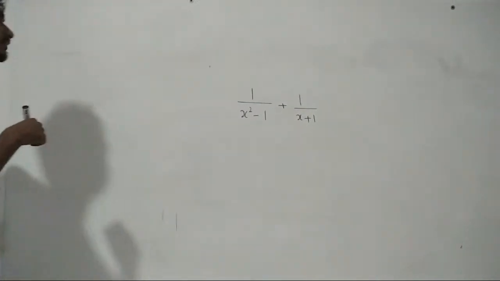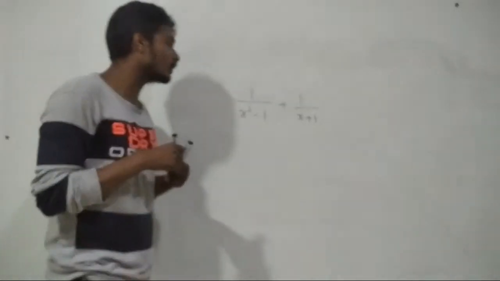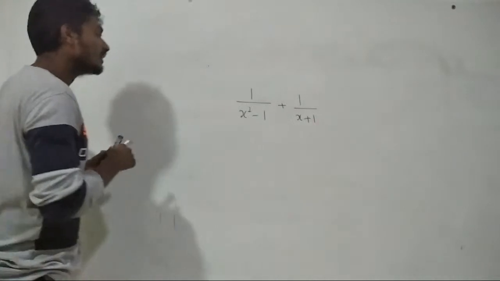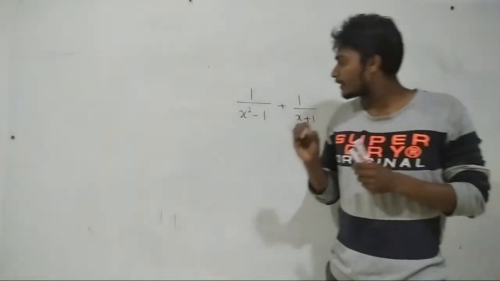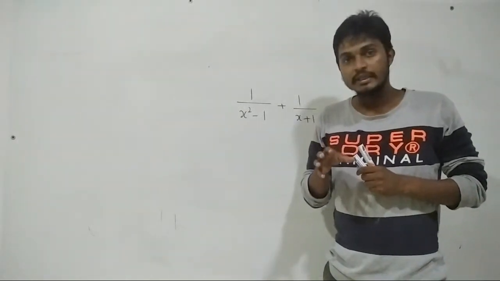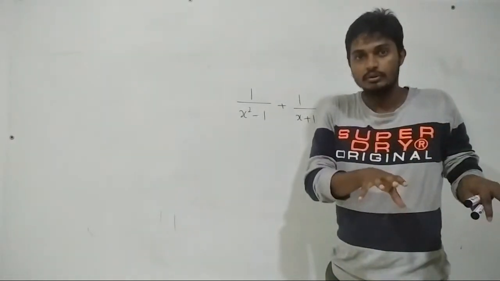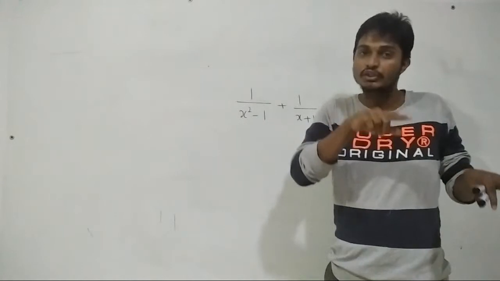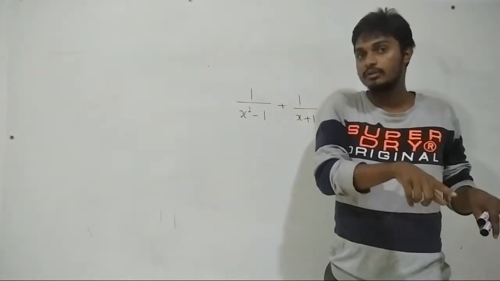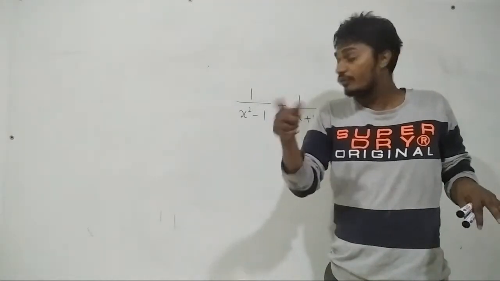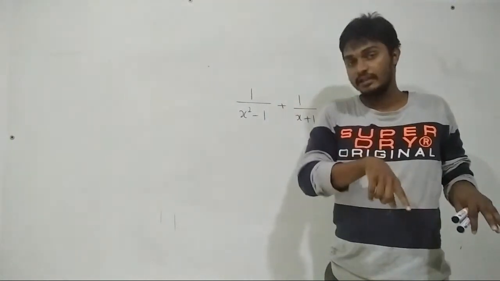This is our focus. The first primary step that you need to think about is factorization. In the last section, we learned how to factorize certain things. In this section, we will learn how to use those factorizations.